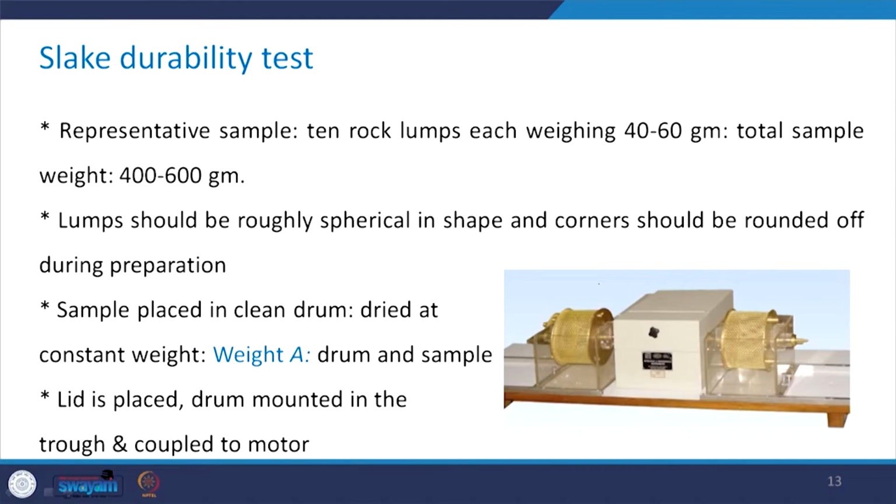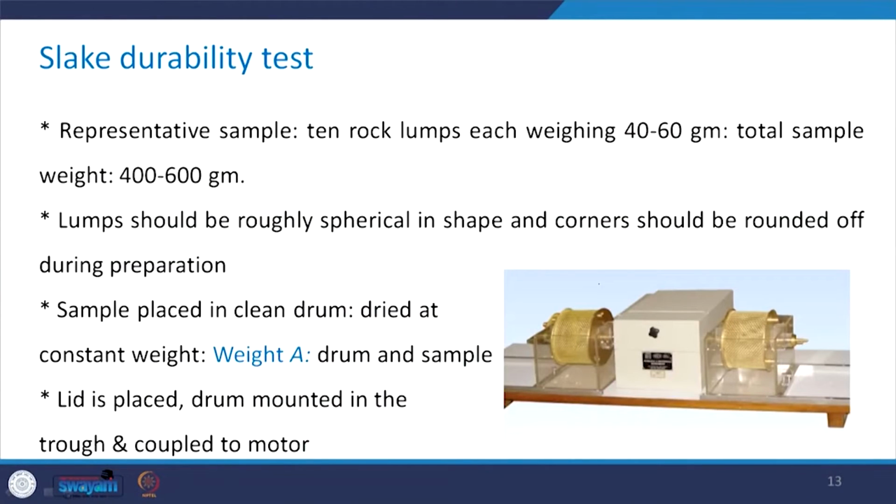So, if there are 10 lumps, the total sample weight is going to be 400 to 600 grams. If you have an irregular sample, then these lumps should be made roughly spherical in shape and the corners should be rounded off by light hammer blows during the preparation, so that disintegration because of these sharper corners should not occur.